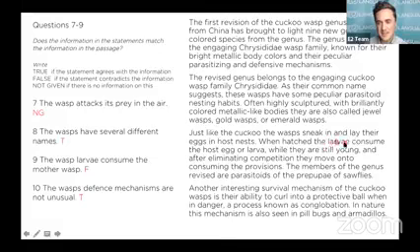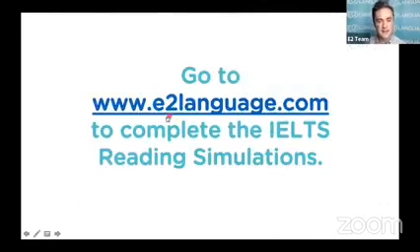When hatched, the larvae consume the host egg or larva. False. Final one is the wasp's defense mechanisms are not unusual. Here it's talking about the defense mechanisms, but it says in nature, this mechanism is also seen in pillbugs and armadillos. It's not unusual. True. That's that. There we go.